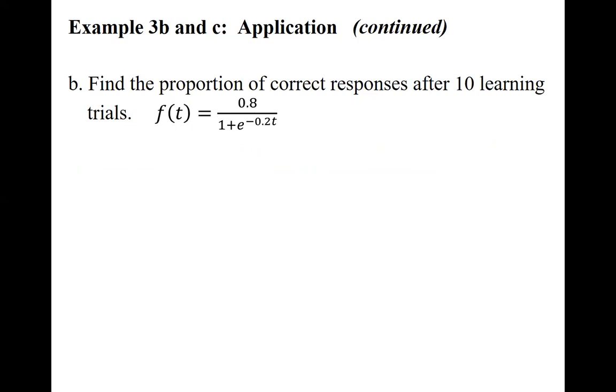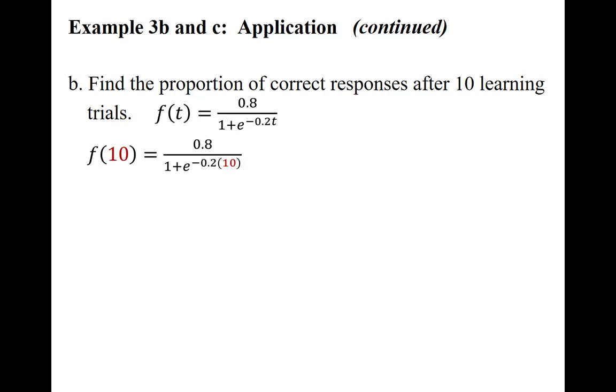Find the proportion of correct responses after 10 learning trials. Well, now t is 10. Negative 0.2 times 10. Looks like I'm doing this on the calculator.